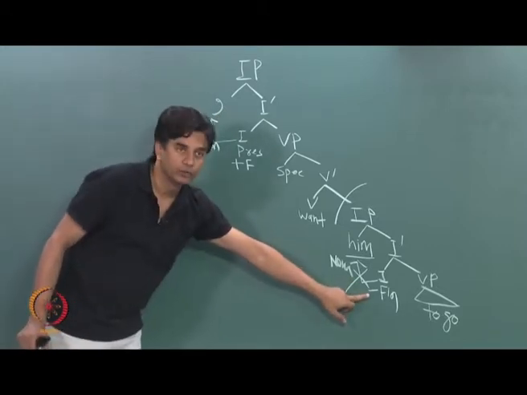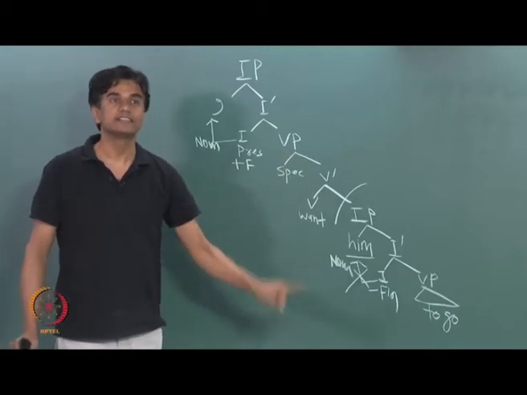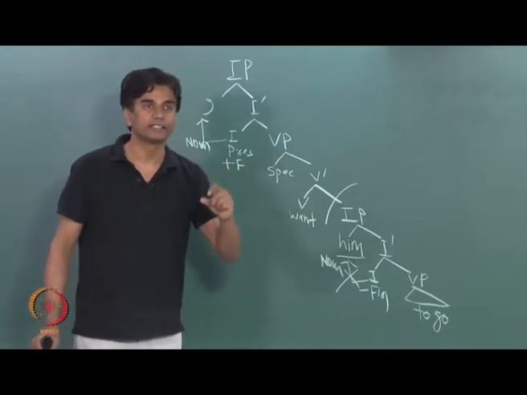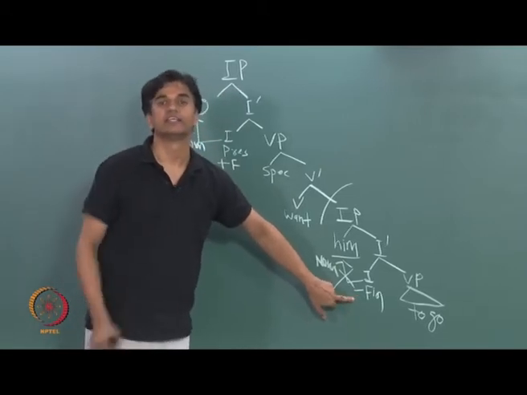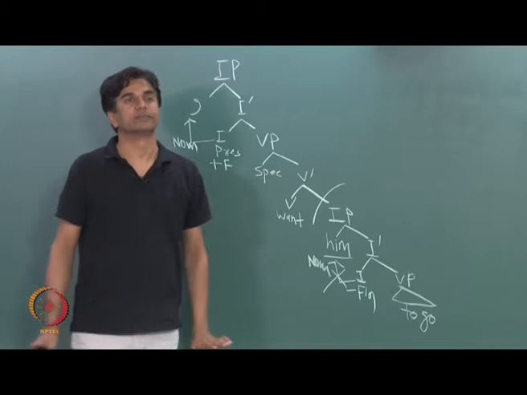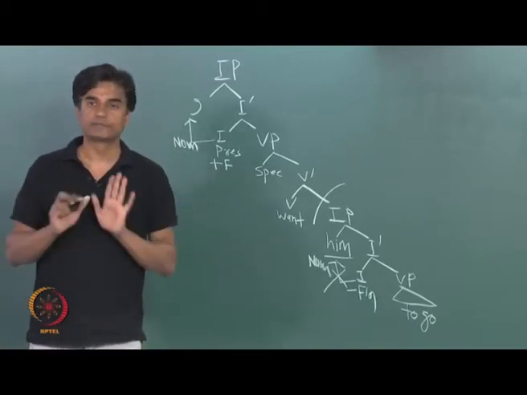This lower I, being non-finite, having no tense, is the limiting factor for this I not assigning nominative case to the subject NP of the lower clause. Is this much clear? We explained the problem also.